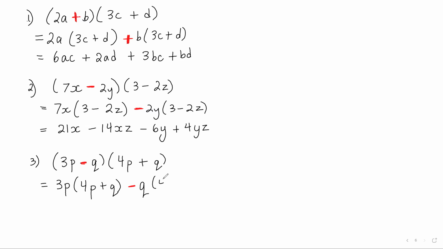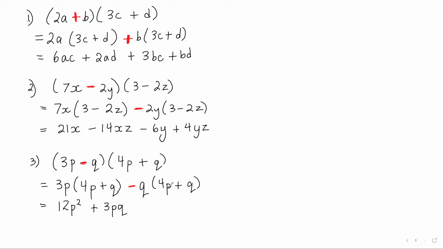So minus q by 4p plus q. And then expanding 3p times 4p will be 12p squared. P times p is p squared. So that's 12p squared. And 3p times q will be 3pq.